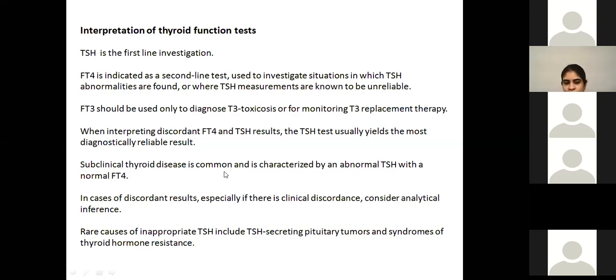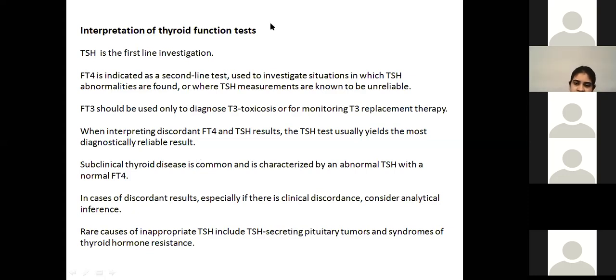When interpreting discordant FT4 and TSH results, the TSH test usually yields the most diagnostically reliable results. If compared between FT3, FT4 and TSH, TSH is the most reliable of all these.